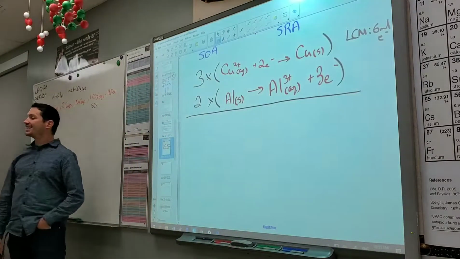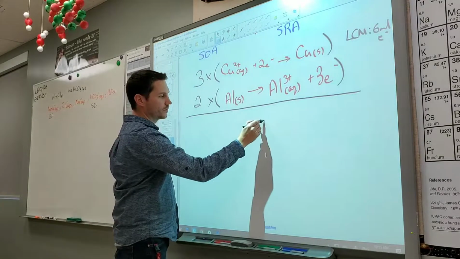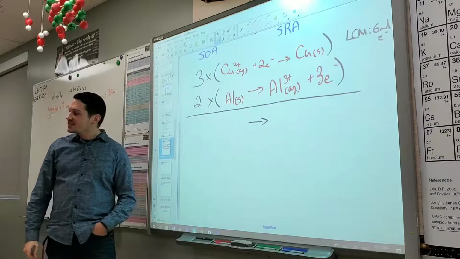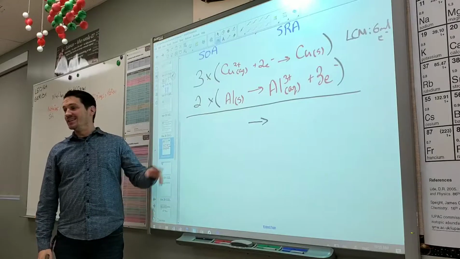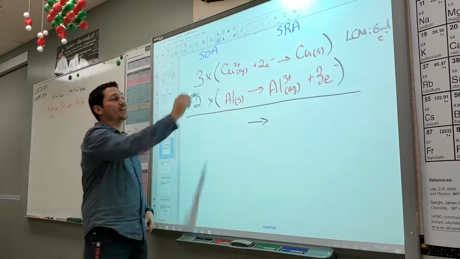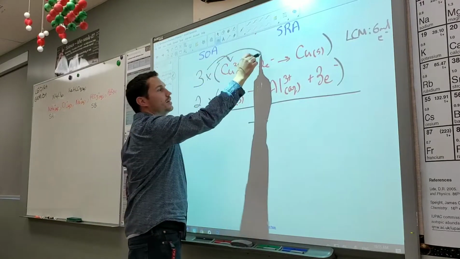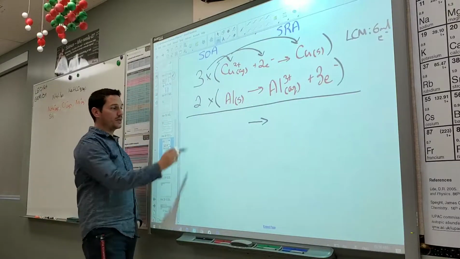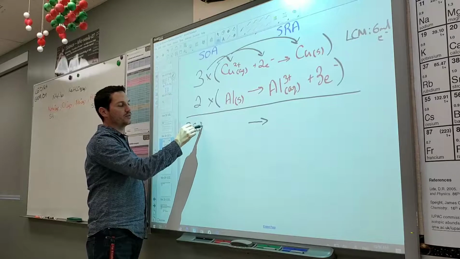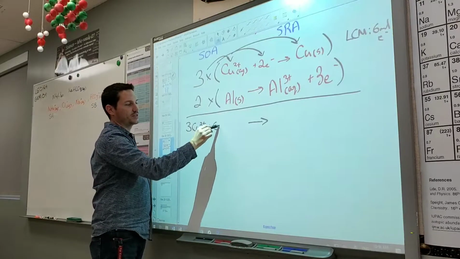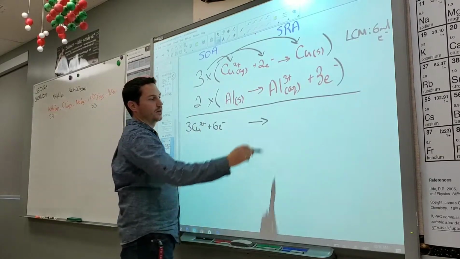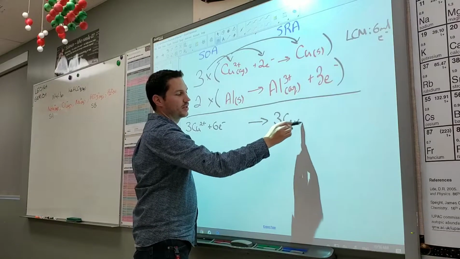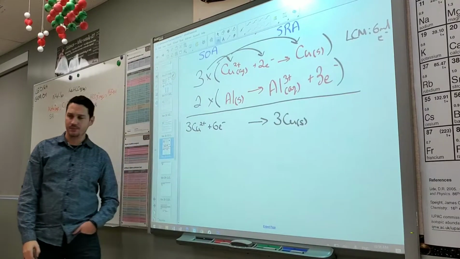Now let's add it together. The first thing I want to say is that this 3 again gets multiplied to everything in this half reaction. So we get 3 copper 2 ions plus 6 electrons, and that's going to give us 3 copper metal atoms.